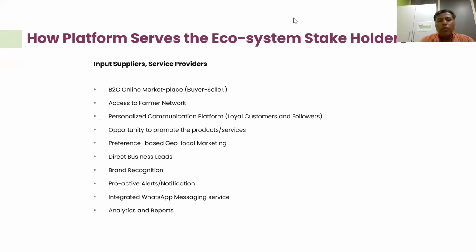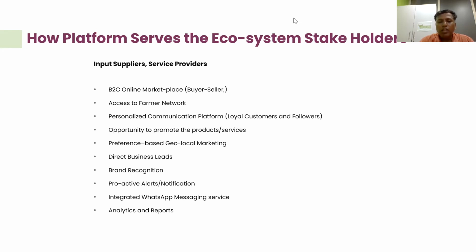Okay, so we have input suppliers, service providers, and at the same time farmers. So it's a kind of multifaceted platform that is providing a B2C online marketplace, access to the farmer network, personalized communication, preference-based geolocal marketing, direct business leads to the business people, brand recognition, proactive alerts and notifications.